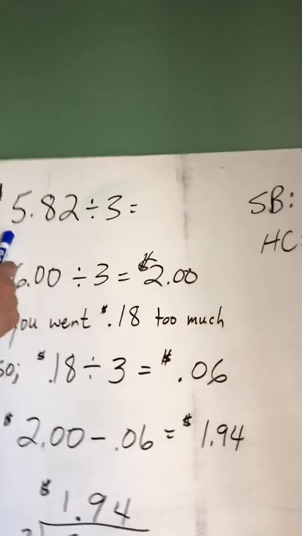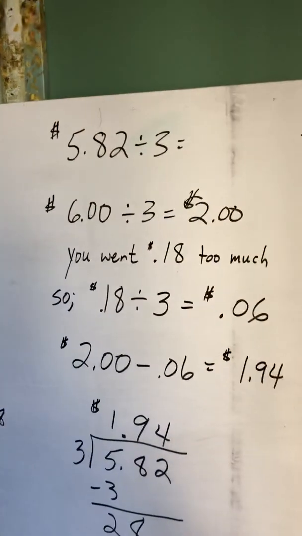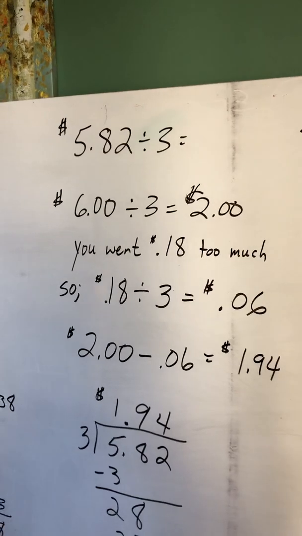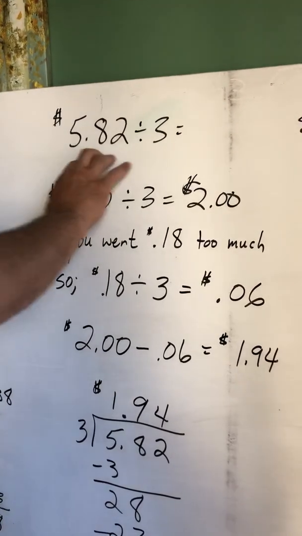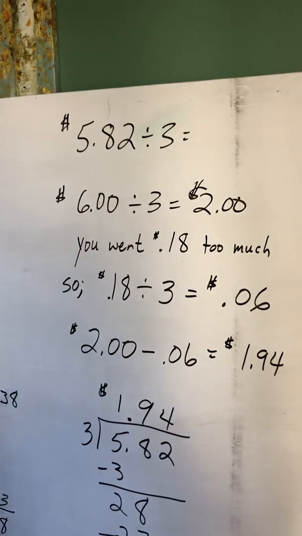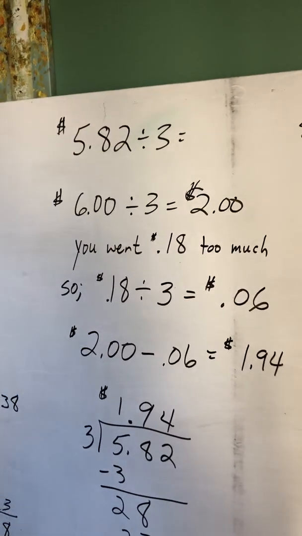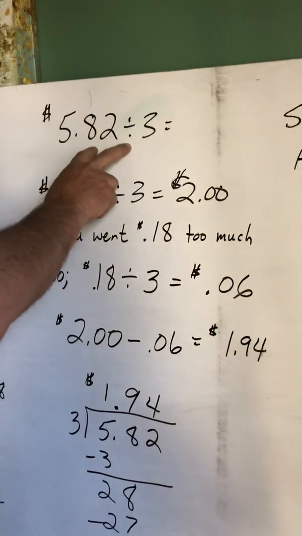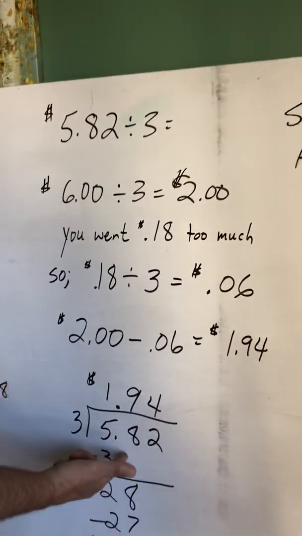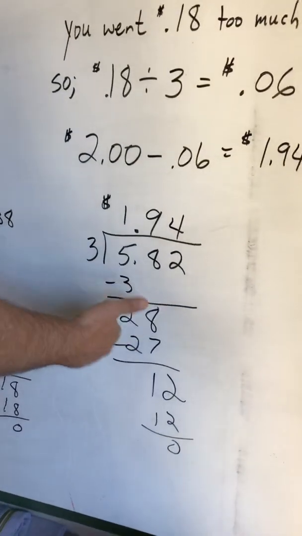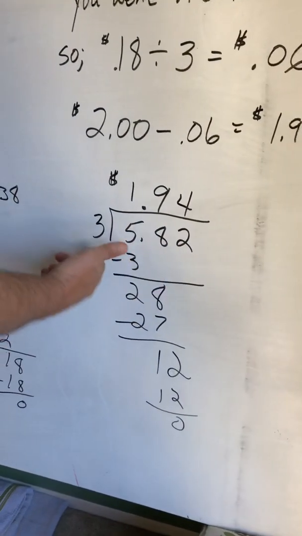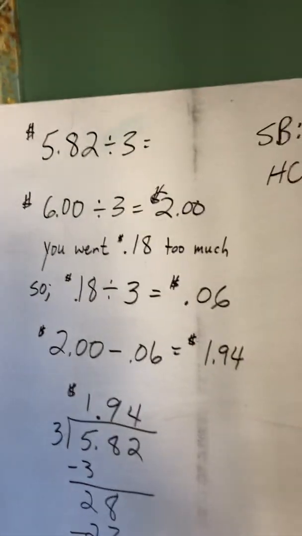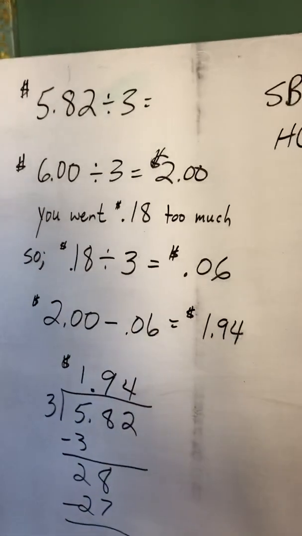Now, they also talk about the over strategy. If you have $5.82, you're dividing it equally among, let's just say 3 kids. You could do that, okay? And down here I did $5.82 divided by 3. There's the algorithm, but they also wanted you to see, what if you just made it $6 divided by 3?